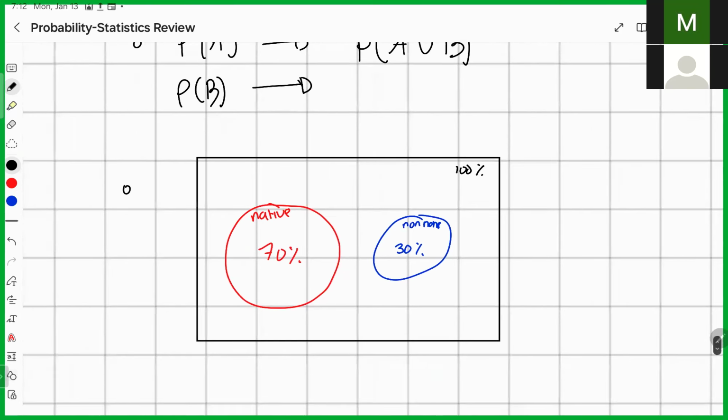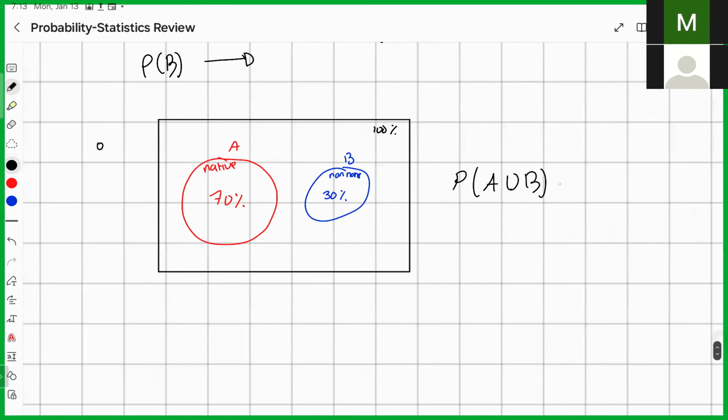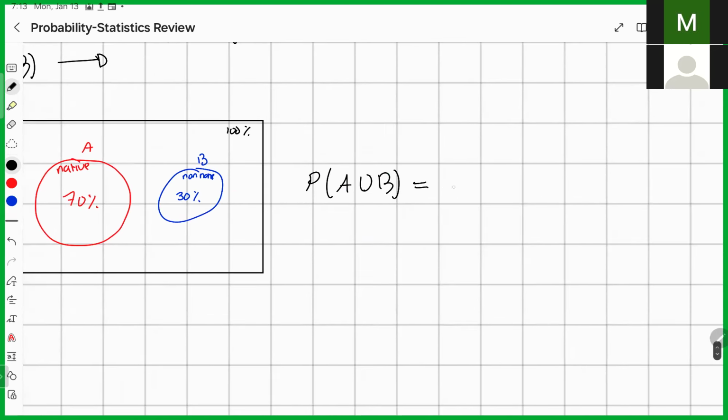So this is where you want to represent A, and you want to represent this as B. You can express it in A, B here. So the probability of A union B equals the probability of A plus the probability of B.